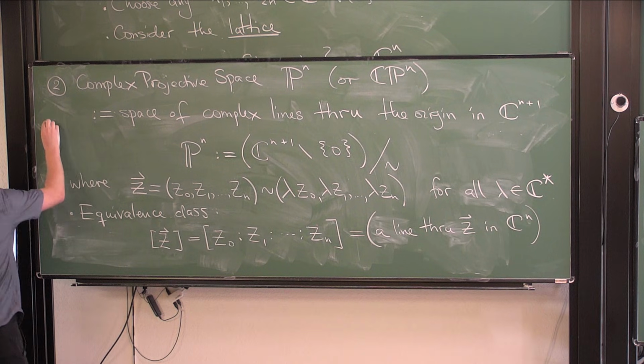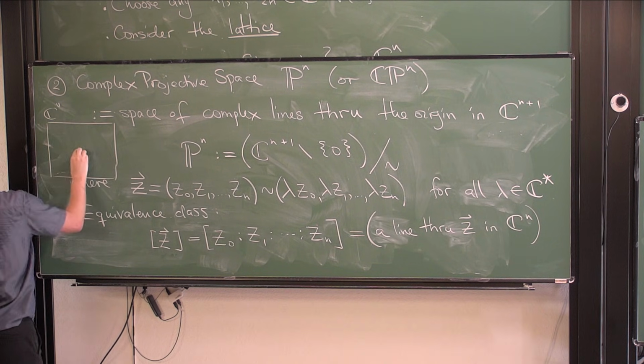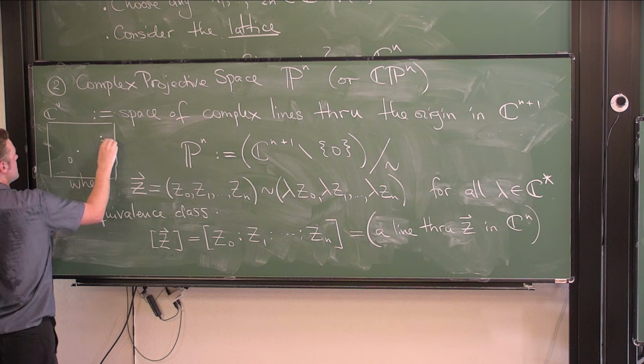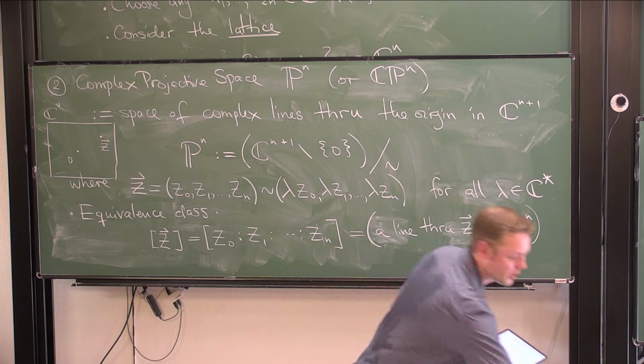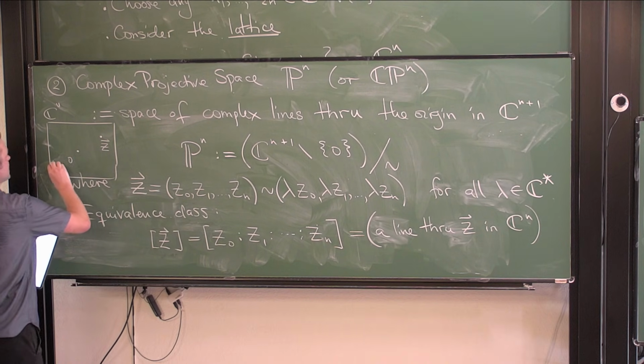So here's the image. Here is my C^(n+1). Here's my origin. Here is my vector z hat, which is just a point in this space. And so what you should think of as a point in P^n is this line.